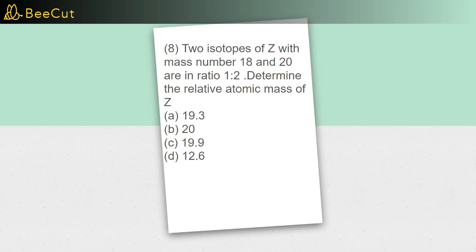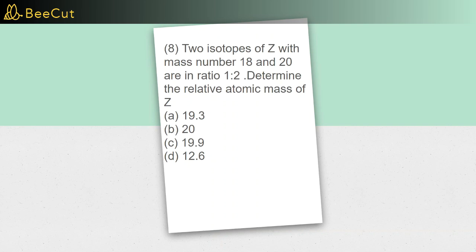Now, we make use of the ratio, which is 1:2. We add the ratio up. According to the element Z, it has mass number of 18.